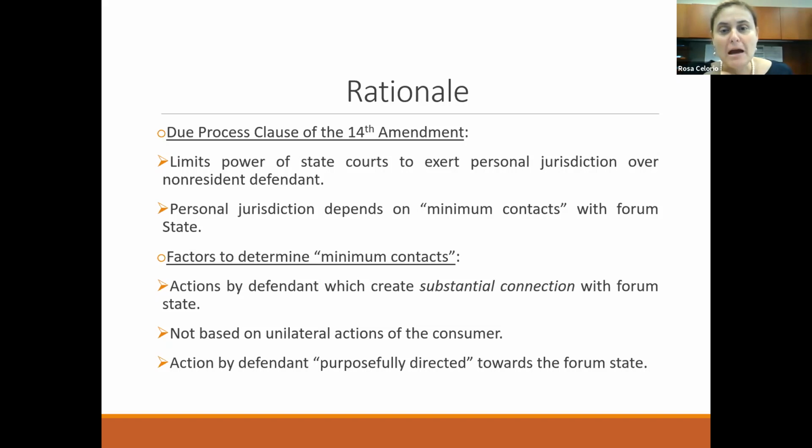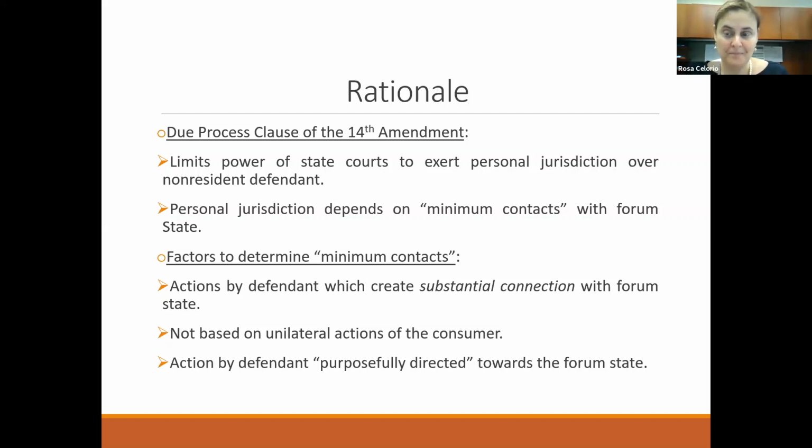And part of the rationale for the US Supreme Court is that the due process clause limits the power of state courts to exert personal jurisdiction over non-resident defendants, and that determination of whether there can be personal jurisdiction in a specific case really depends on minimum contacts with the forum state. That means that Asahi needed to have those minimum contacts in order for California to be able to exercise jurisdiction over Asahi.